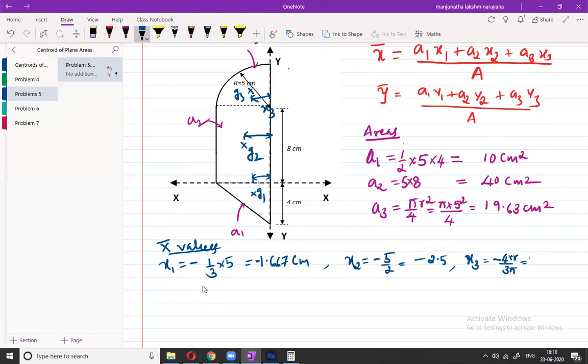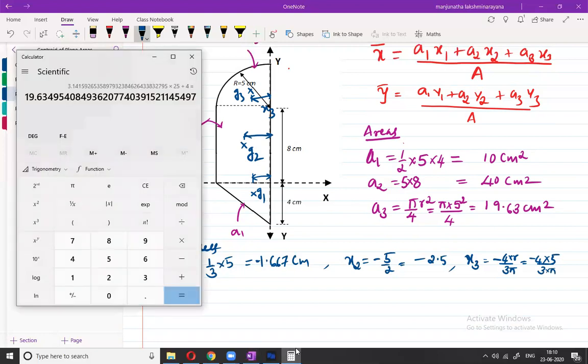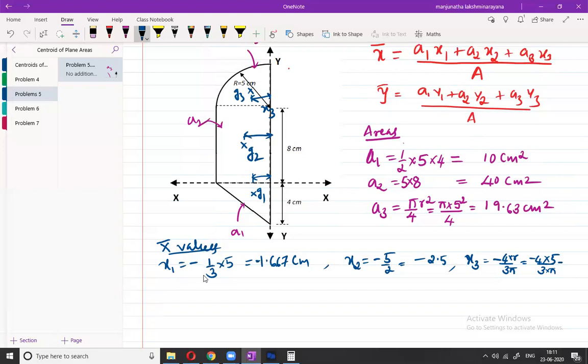The value of r is 5, so 4 into 5 is 20, 20 by 3 pi. You can just calculate: 20 divided by 3 divided by pi, which is equal to minus 2.122 centimeter. Now y bar values.